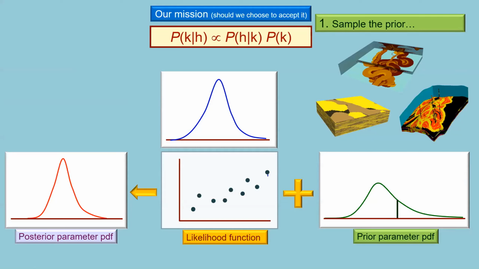Now, as we've said in the past, there's a whole field of study called geostatistics, whose task it is to give voice to the prior probability density function of parameters. That is, to give voice to figments of geological imagination. They can be considered to be samples of the prior probability density function.